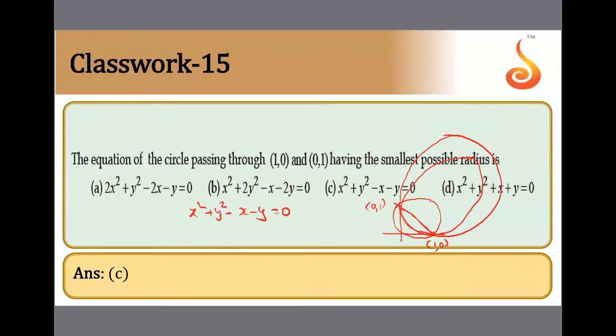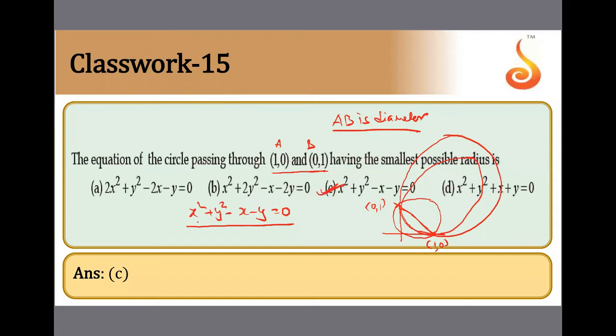So the smallest circle passing through 1 comma 0, 0 comma 1, the smallest possible radius circle, will be the circle where AB is the diameter. So AB is diameter means you get the same x square plus y square minus x minus y is equal to 0.